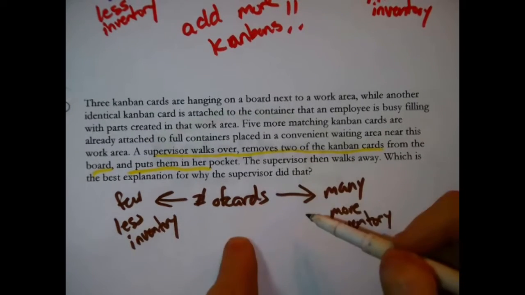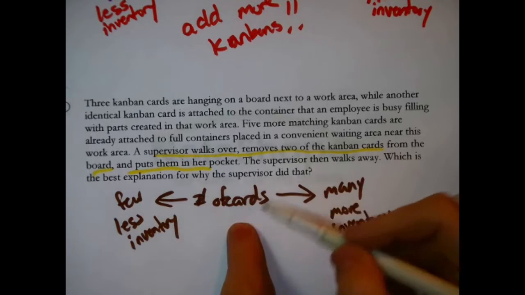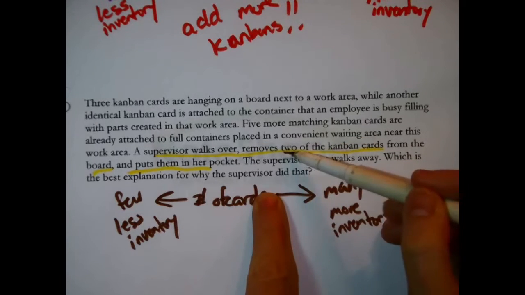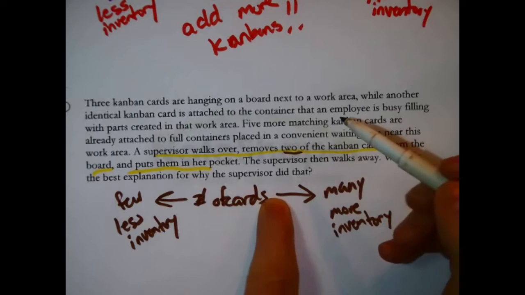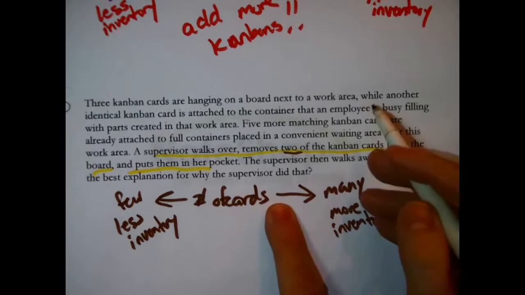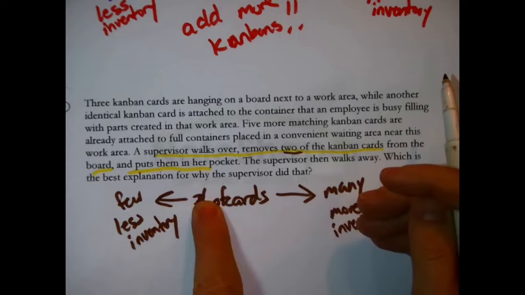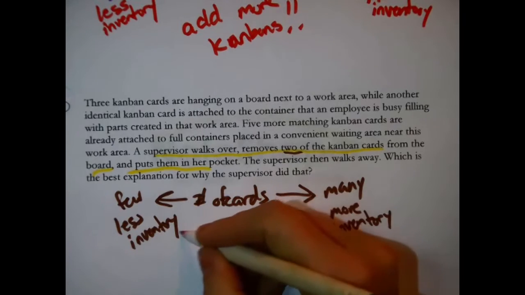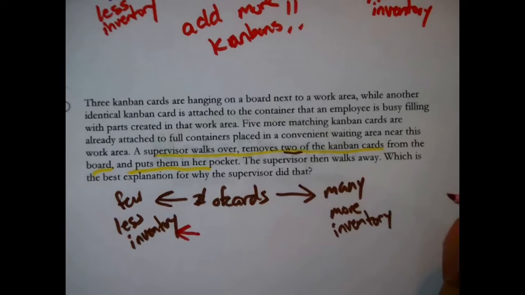It looks like when you arrived, the number of cards, like on a number line, was 9. The supervisor walks over, removes 2 of the cards from the board, essentially pulling 2 of them out of the loop, reducing the total number of cards to 7, meaning that the supervisor's actions took the system that way.